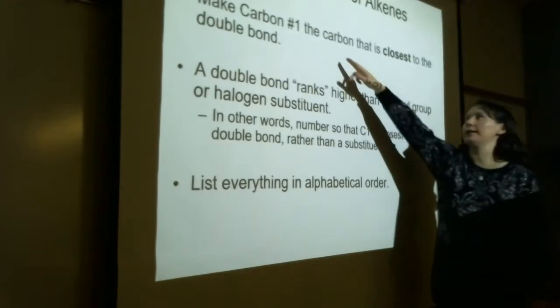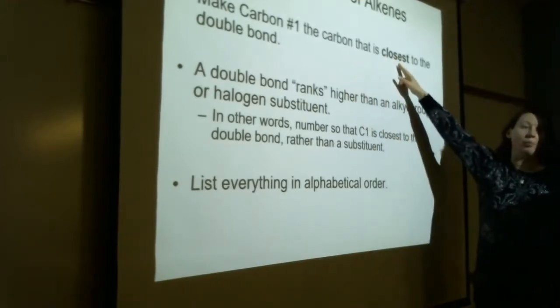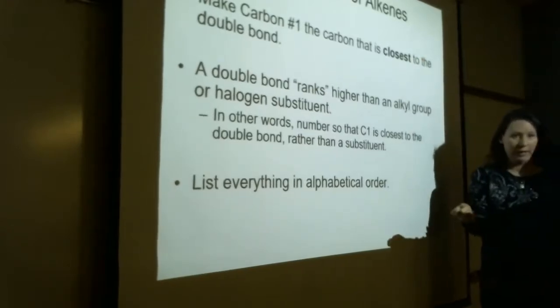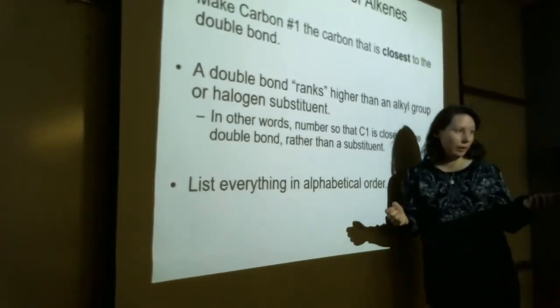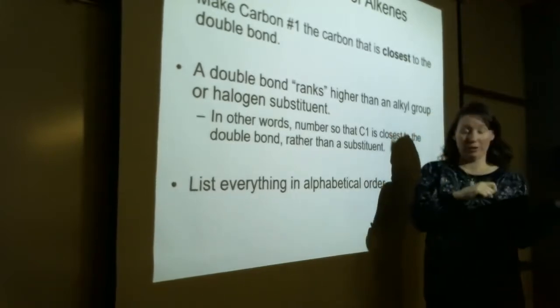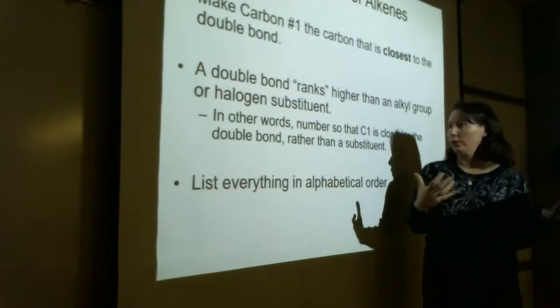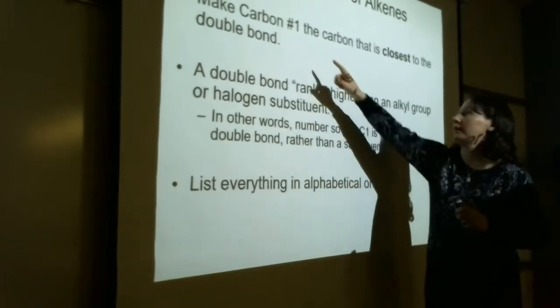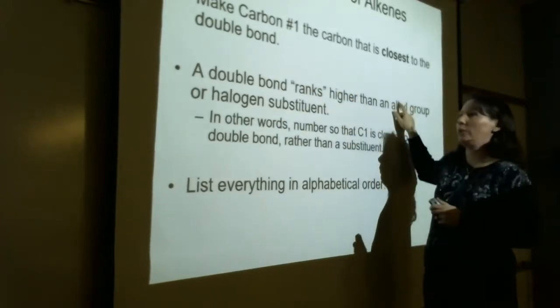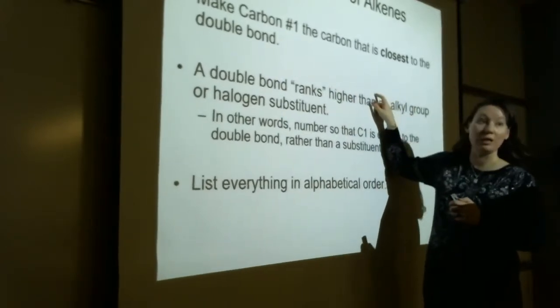Carbon number 1 is the carbon closest to the double bond. So even if you have a double bond and a substituent, the double bond ranks higher than the substituent in terms of priority. Let's pretend I could count from the left and get 1, 2 to the double bond, or I could count right and get 1, 2 to the substituent.